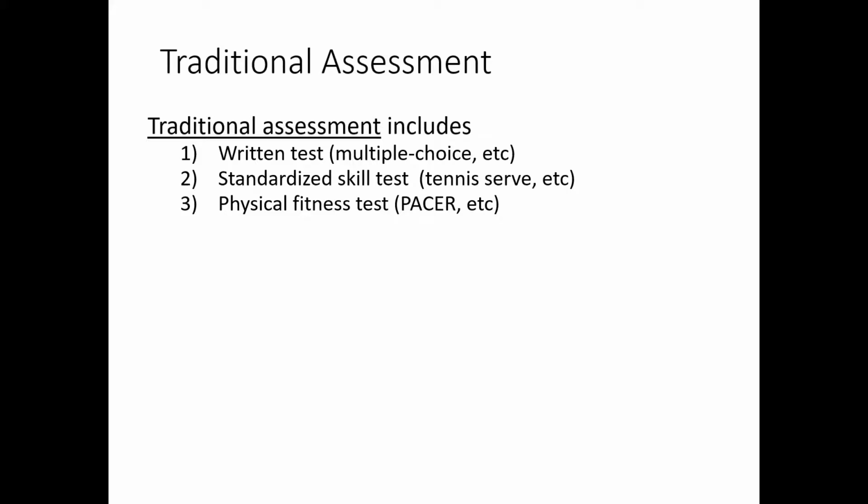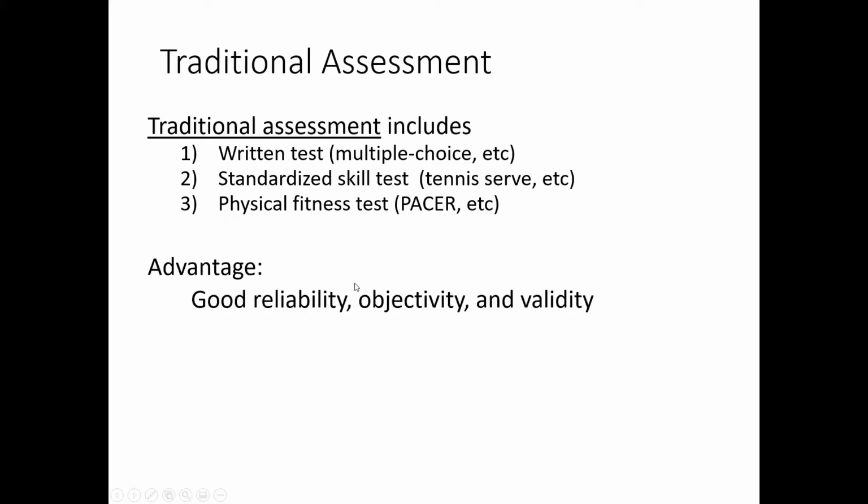It could be within a team, so you have to achieve this fitness level in order to be on the varsity or the JV team or the freshman team. So it could be something like a fitness assessment to see if you pass and are capable of continuing. The advantages with these traditional assessments are that they have good reliability, they are objective, and they are likely valid, or most often they have good validity.